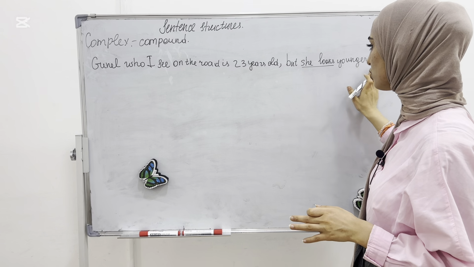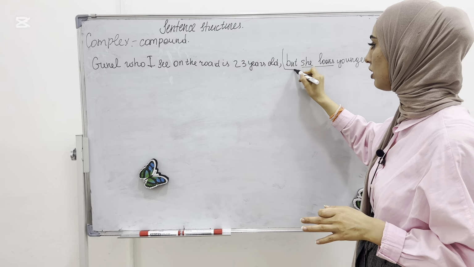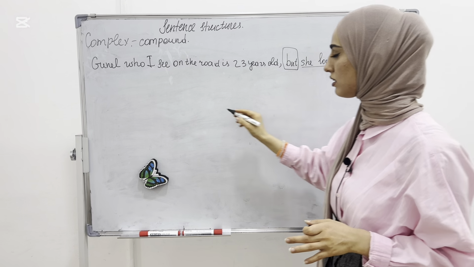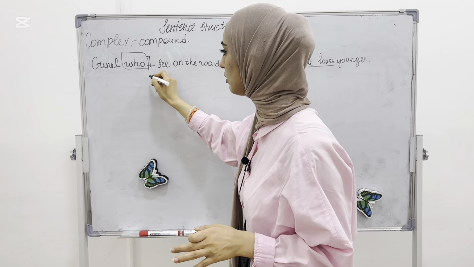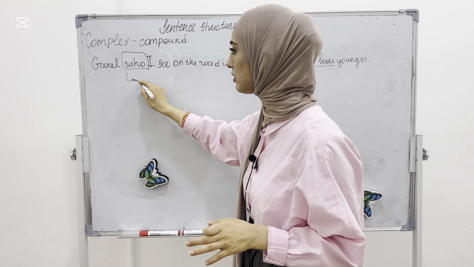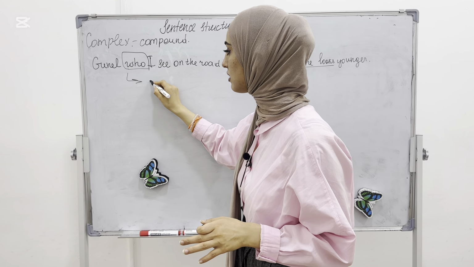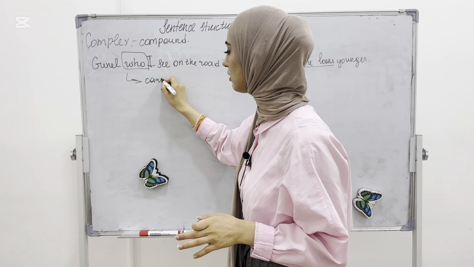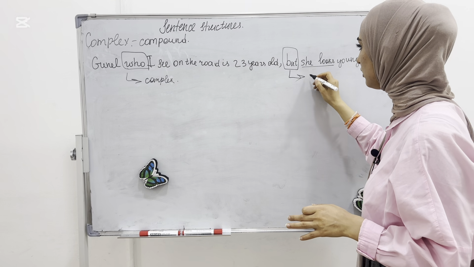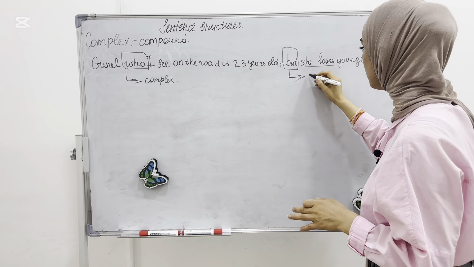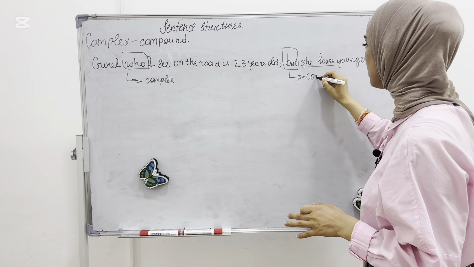But she looks younger. I used but and who. So it represents complex, and above and beyond, it represents compound.